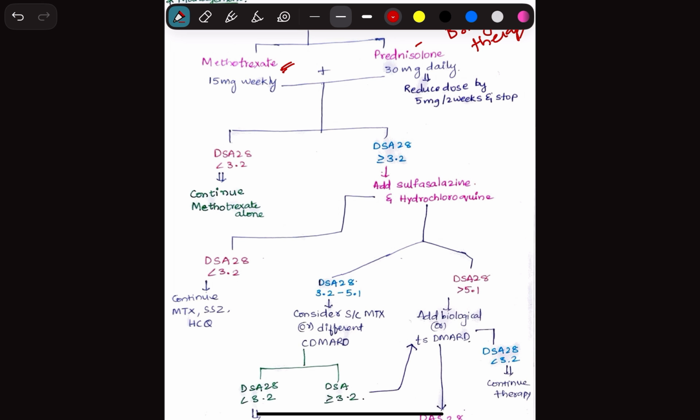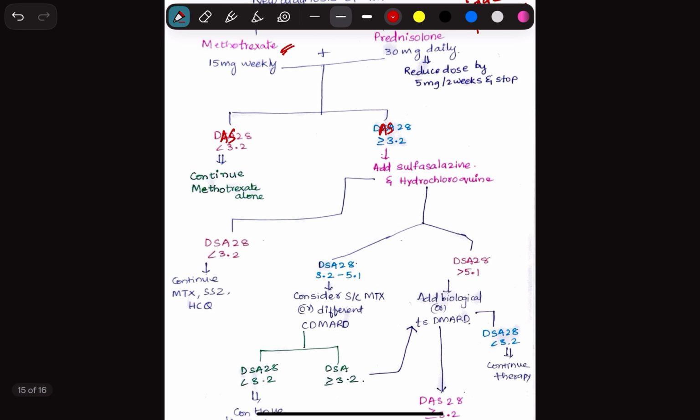After a few days, there's something called the disease activity score. When the disease activity score is less than 3.2, we can continue the same treatment.